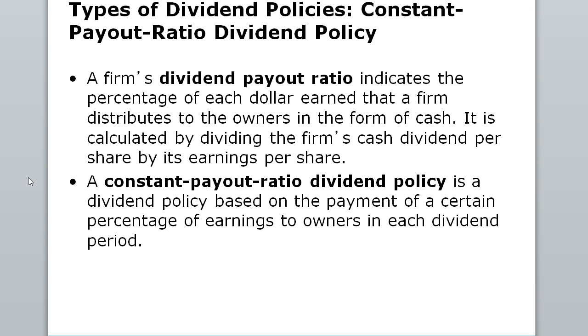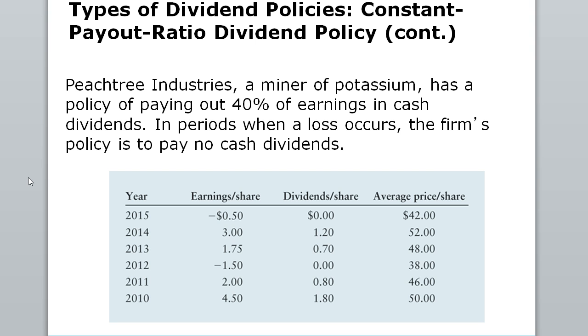So we calculate it by looking at the cash dividend per share and its earnings per share. Now the constant ratio dividend policy is a dividend policy based on the payment of a certain percentage of the earnings to owners in each dividend period, say 5%. And this is an example of a 40% payout of earnings.